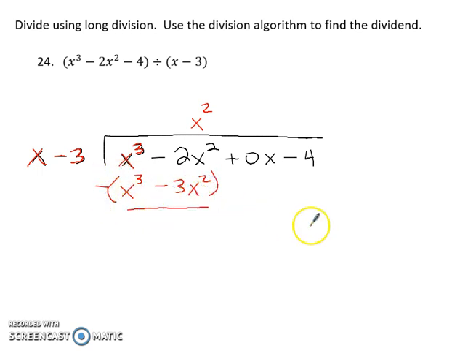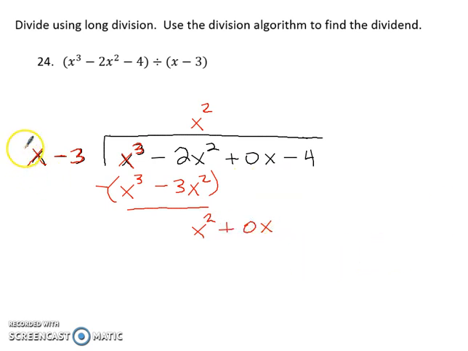So we subtract that quantity and we distribute in the negative. That gives us an x to the third minus x to the third, which cancels. And that gives me a plus 3x squared minus 2x squared, which gives an x squared. And we drop down that 0x placeholder.